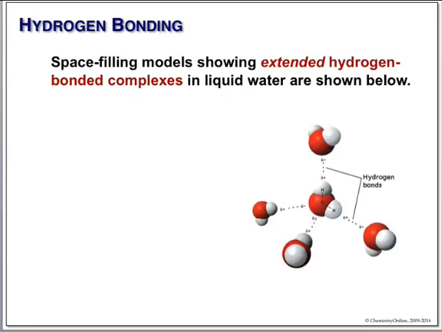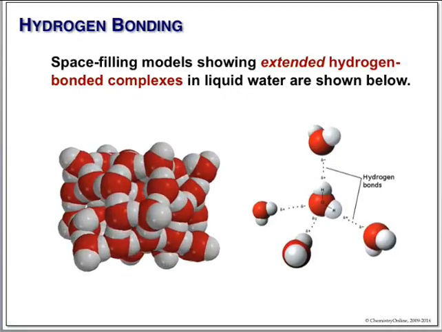Water also forms hydrogen bonds with itself. The same dipole effect: we have the negative end with the oxygen, the positive ends here with the hydrogens, and they form hydrogen bonds. Water is in a very extended hydrogen bond network. Now, this is a rendering of a cluster of waters, and we looked at this last time.